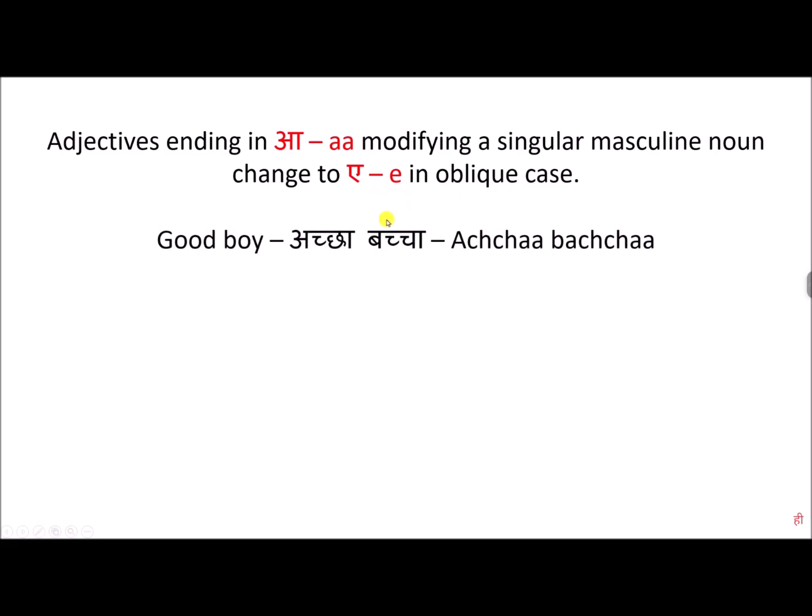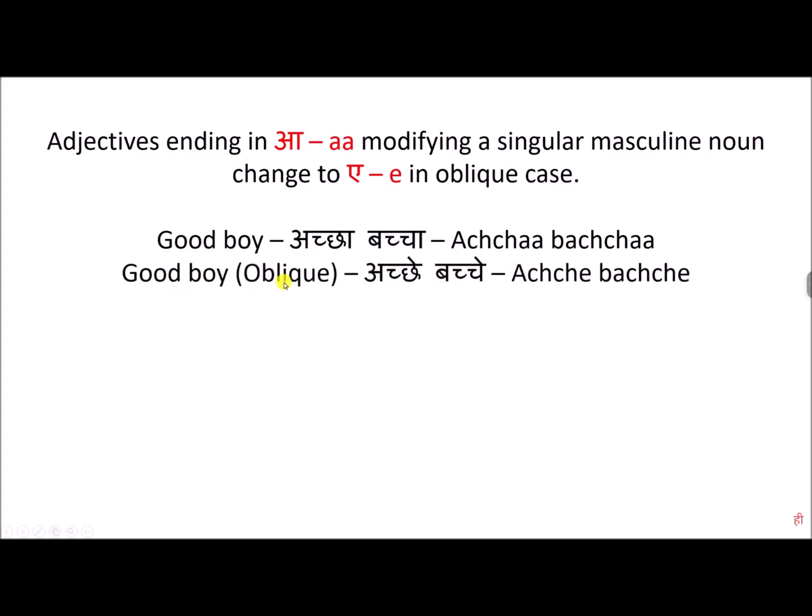For example, good boy is अच्छा बच्चा. अच्छा is good, बच्चा is boy or kid. Okay. अच्छा ends with a and is an adjective. Okay. This is normal version.